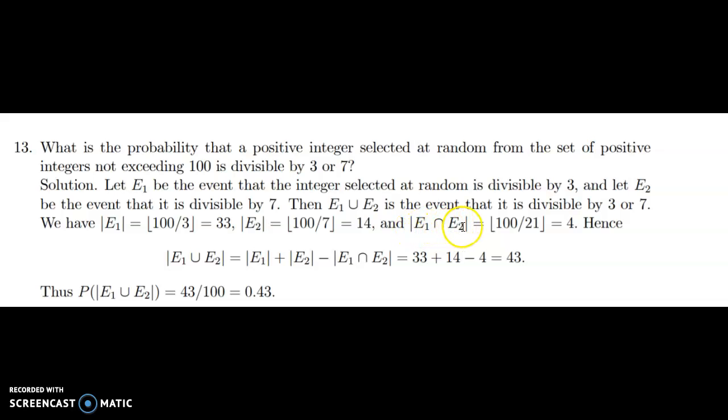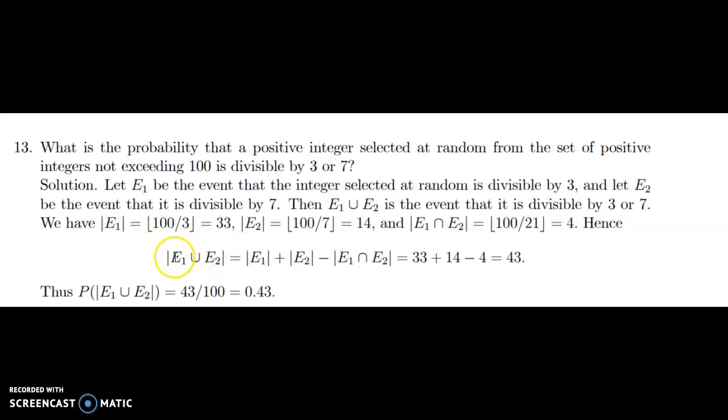It consists of numbers that are multiples of 3 and 7 at the same time. And any such number is a multiple of 21 also. So these are just the multiples of 21. How many multiples of 21? The same rule. 100 divided by 21. Take the floor of that. Evaluate that, you see it is 4.